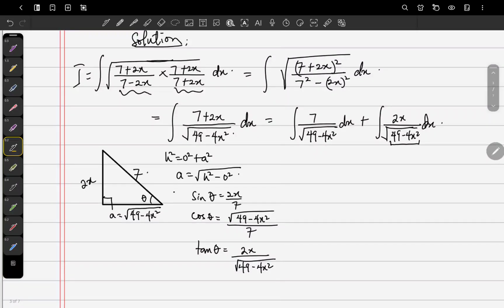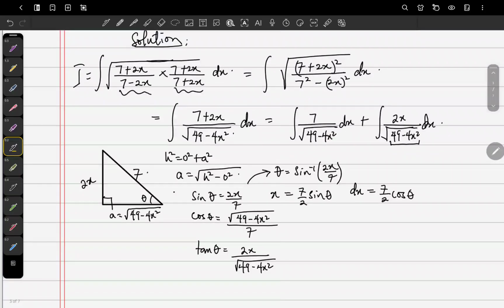So that means the right substitution for us to use, from the first statement, is to say that x is equal to 7 over 2 sine theta. We also know from here that theta equals arc sine of 2x over 7.